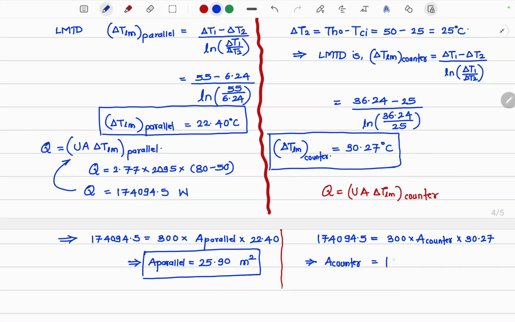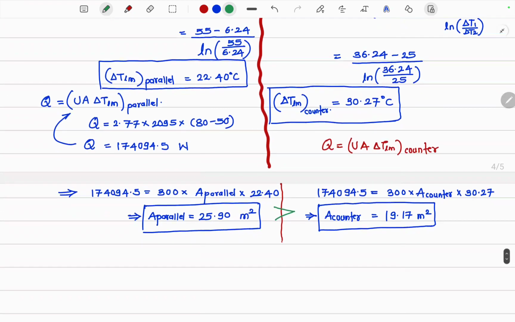So the area of the counterflow heat exchanger required for the same amount of heat transfer is lesser, as we can see. So that is the benefit of the counterflow heat exchanger, as we have also discussed in the previous video.